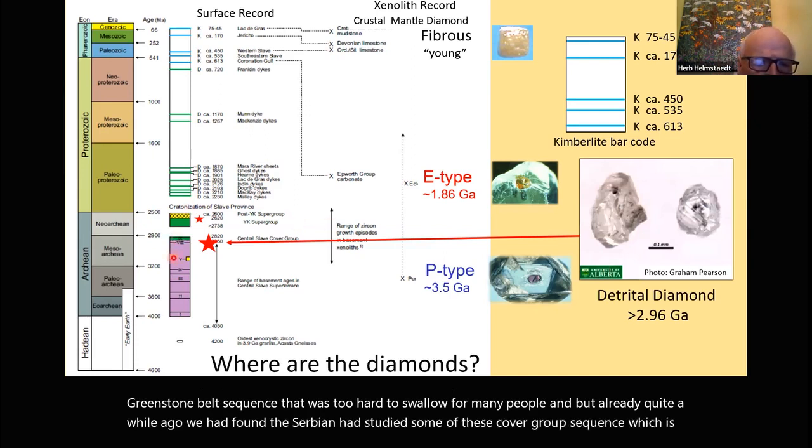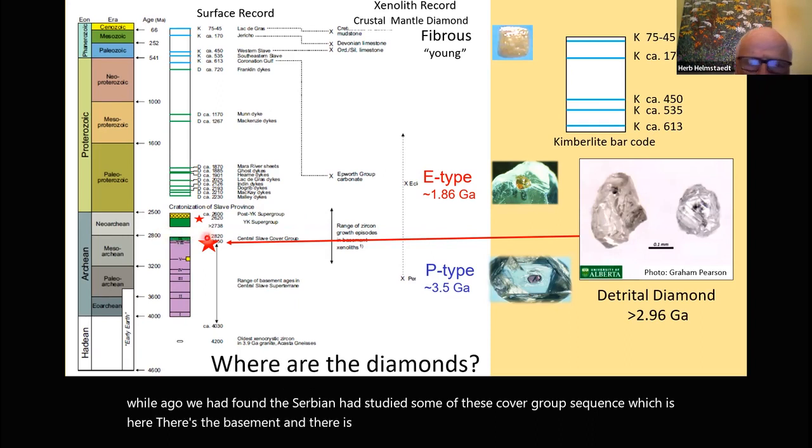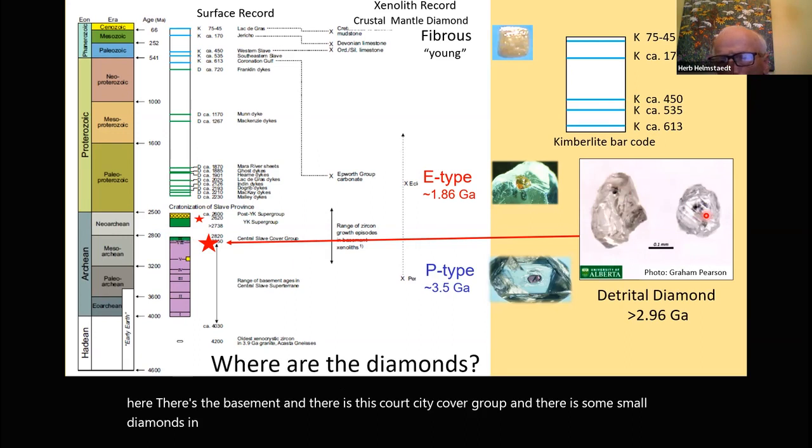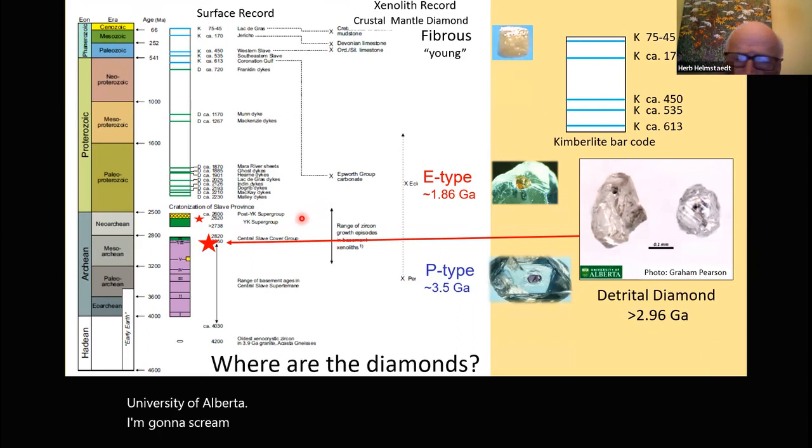There's the basement, and there's this quartzitic cover group, and there's some small diamonds in it. Unfortunately, early diamonds got lost, but very recently the people from the University of Alberta, with Graham Pearson, resampled this rock. They found diamonds in it.